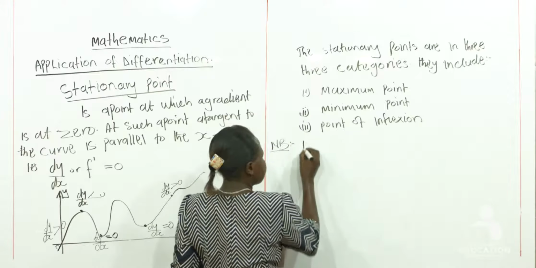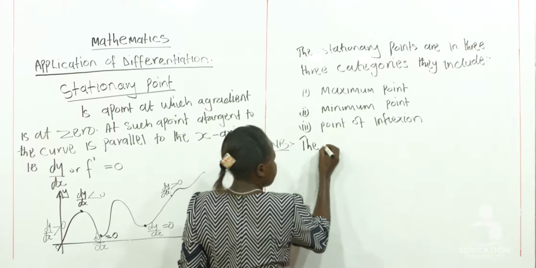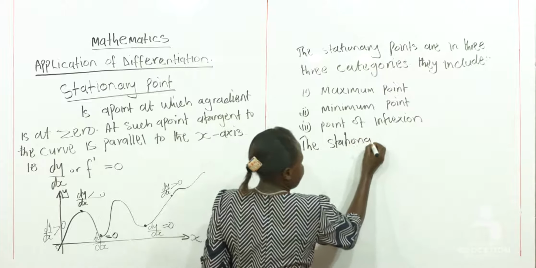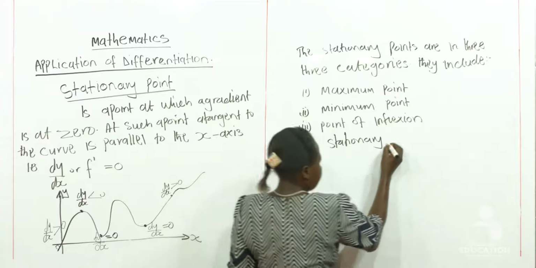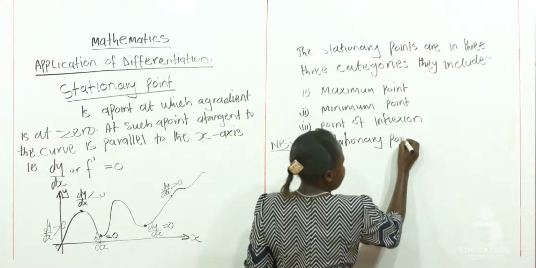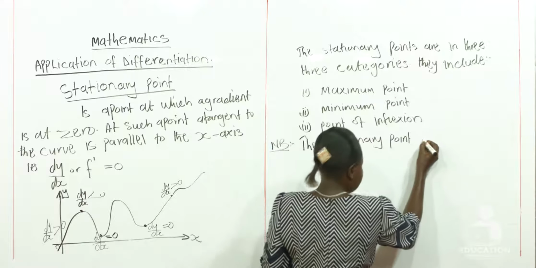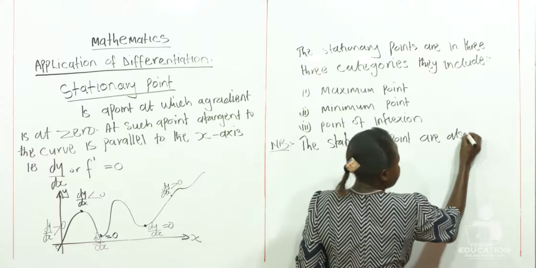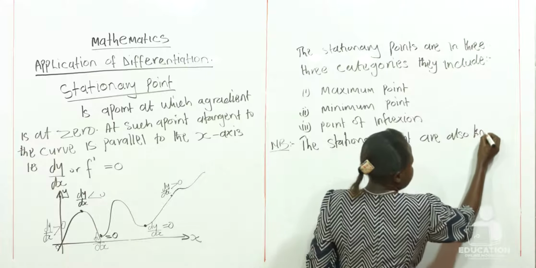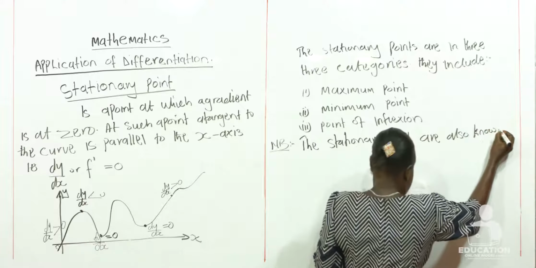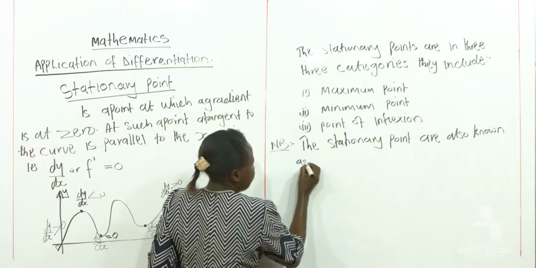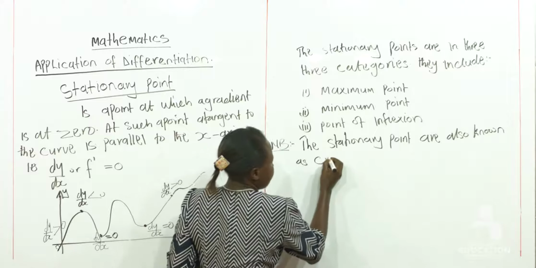So the stationary points are also known as critical points.